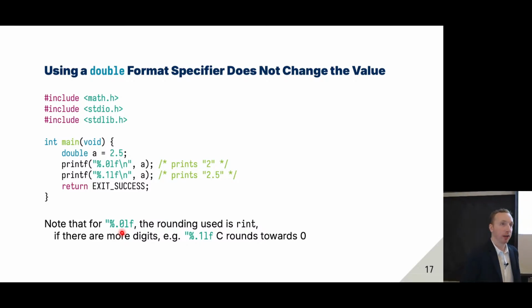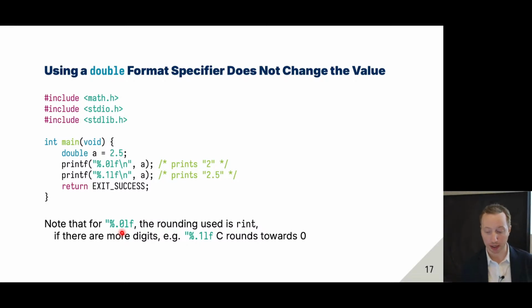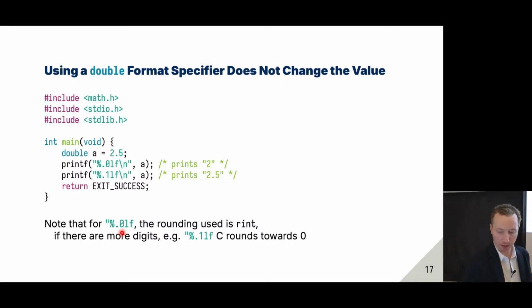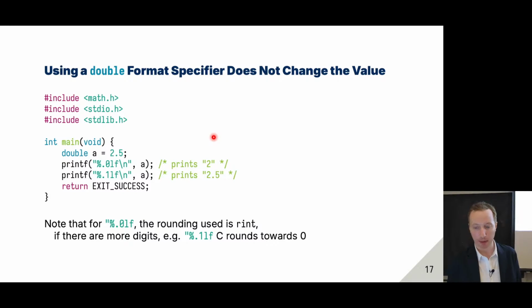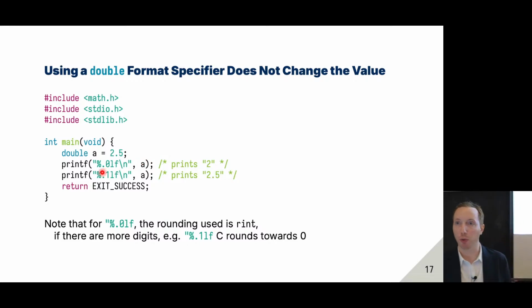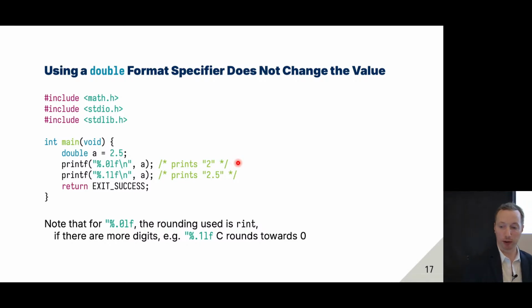Just as a note here, I think I mentioned it before, but I will mention it again to be super explicit: using the double format specifier does not change the actual value. If I create a variable called a and give it the value 2.5, and use a format specifier that says don't print anything after the decimal point, so 0.0 and then LF for a double, and I run this, that will print 2.0.